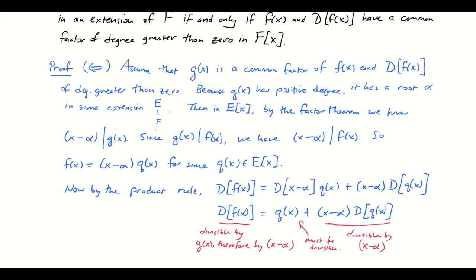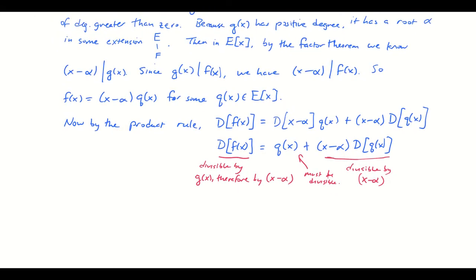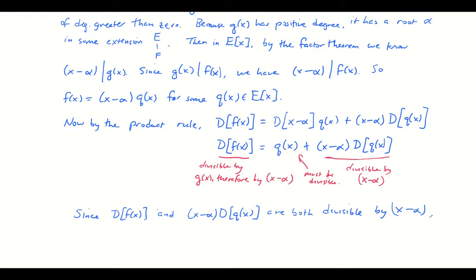Okay, so let's write that down formally here. Since the derivative of f of x and x minus alpha times the derivative of q of x are both divisible by x minus alpha, q of x must be divisible by x minus alpha.